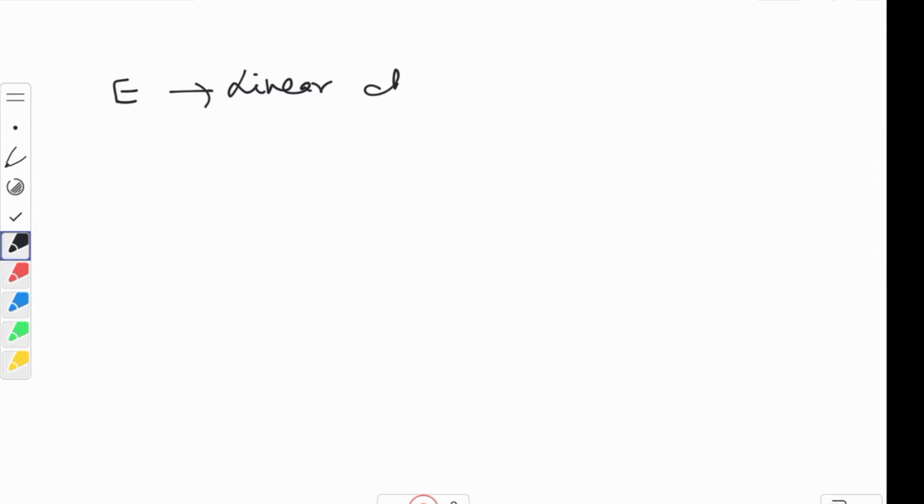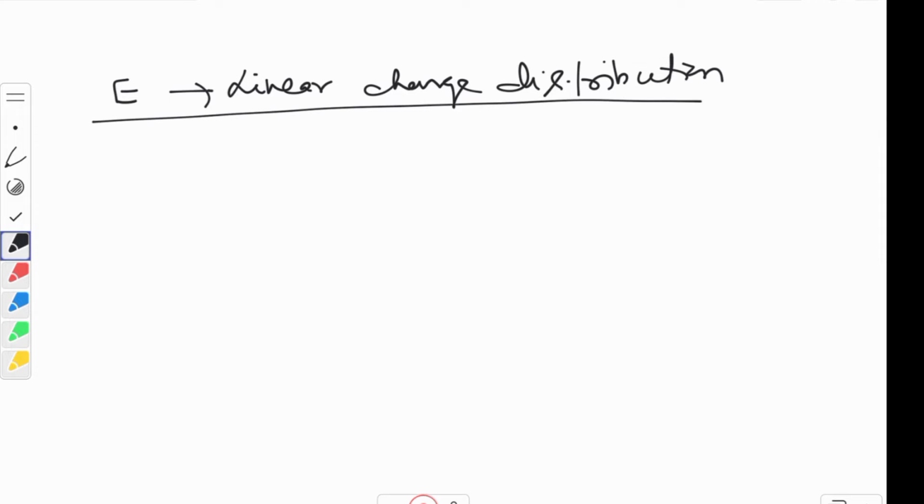So we'll first find out E due to linear charge distribution. Let the curve be like this.